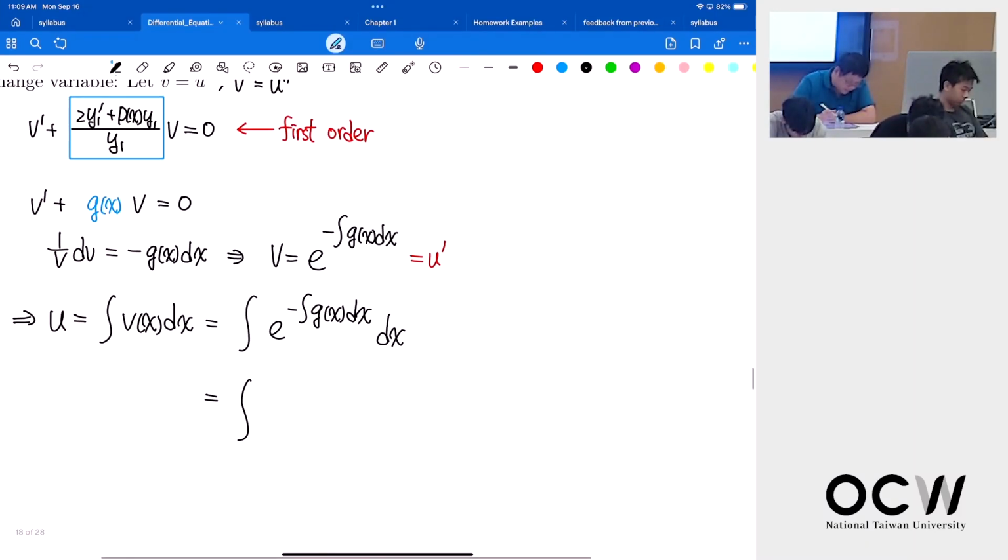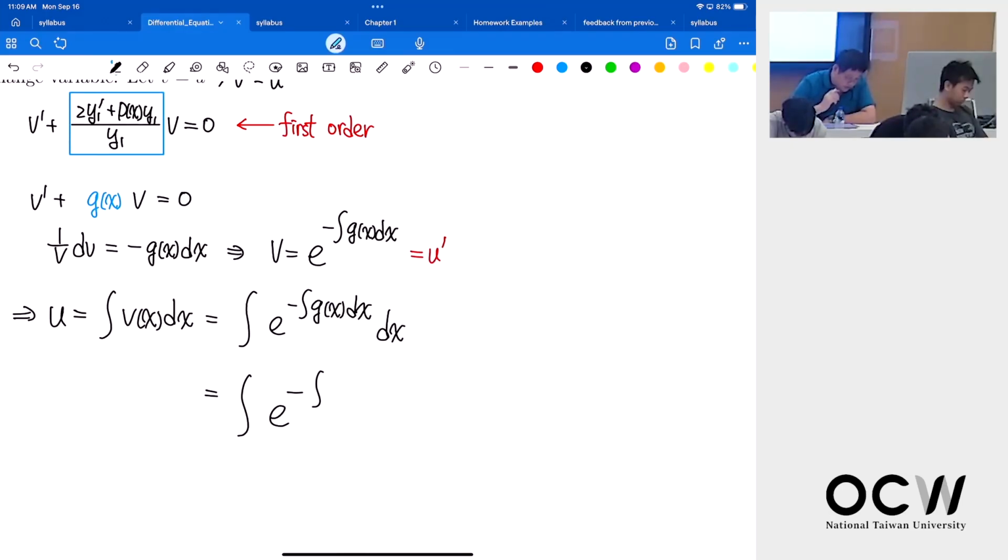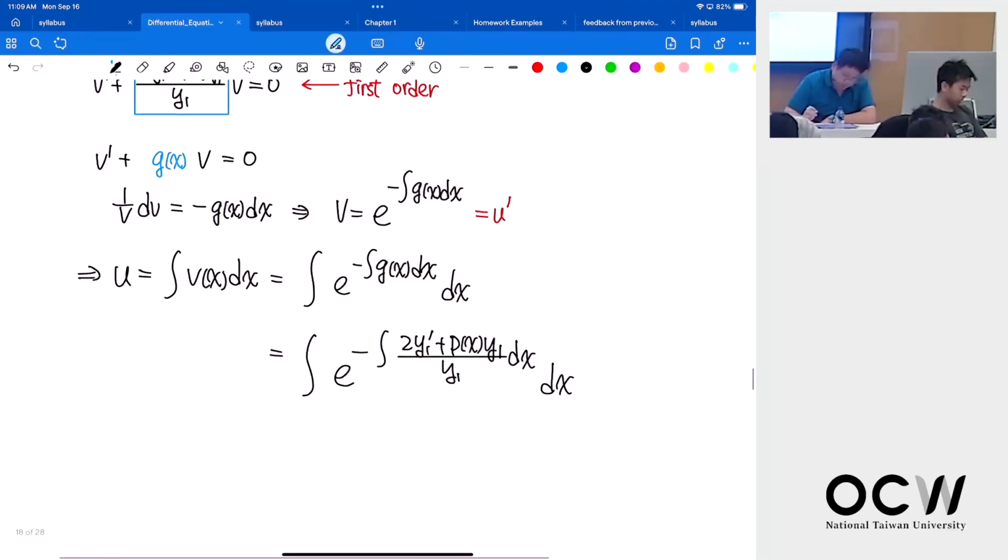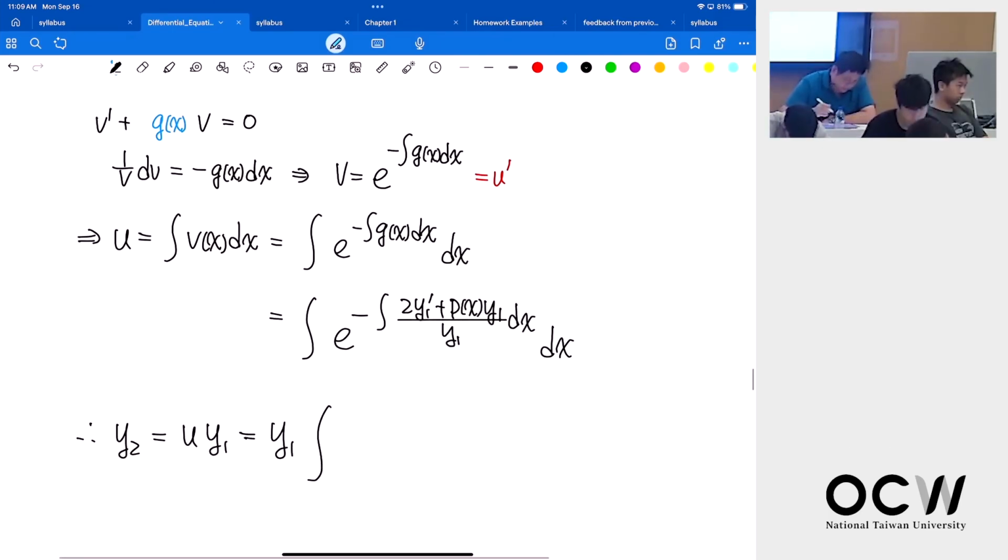This is e to the, what is g? g is (2 y1 prime plus p of x times y1) divided by y1, dx. Then we find u. So the second solution, y2, is u times y1. That will be y1 times this bunch of stuff. Do we need to remember this? Memorize this formula?